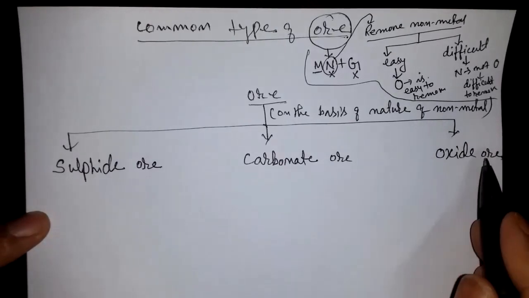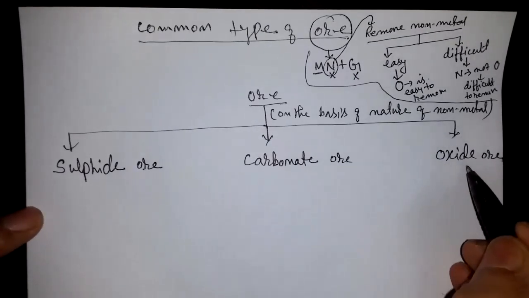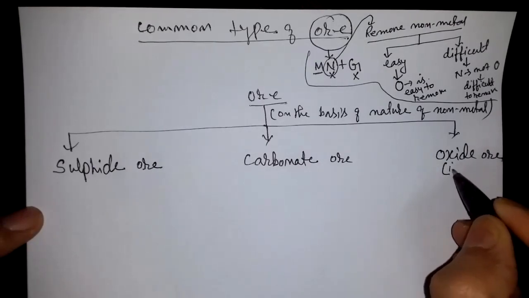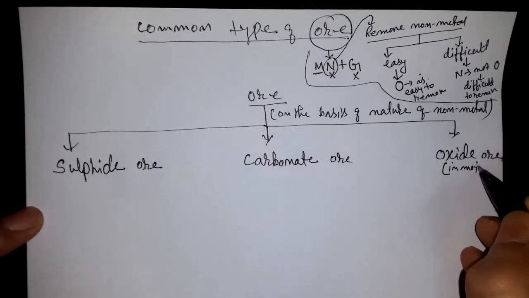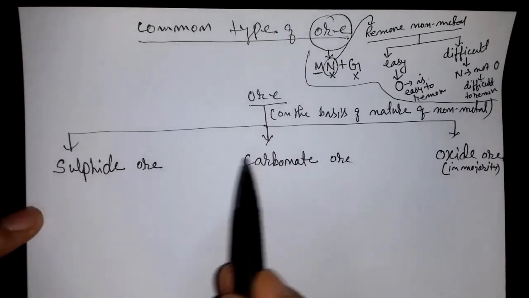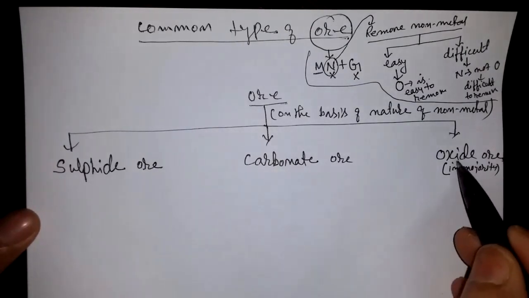Out of these three types of ore, in most cases the ore will be oxide. So oxide ore will be in the majority, and few ores will be the other types, but these two categories of ore will be very few. Mostly the ore will be oxide.